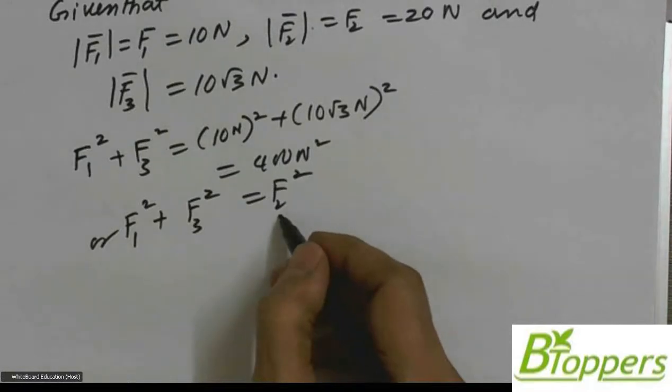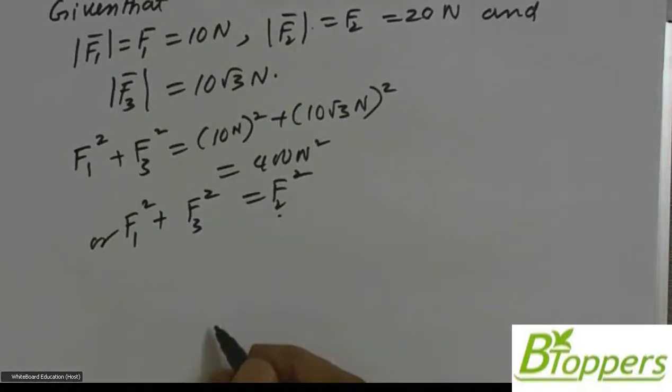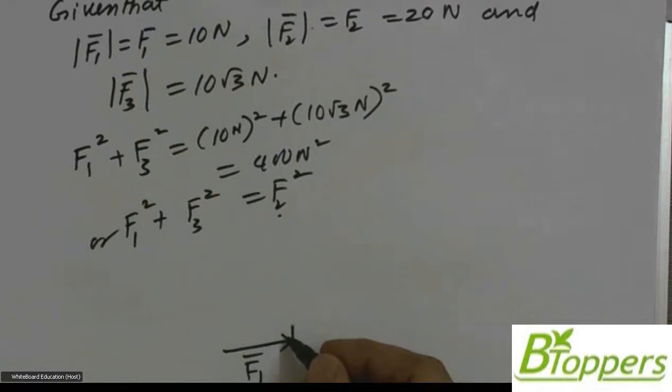The larger force acts along the hypotenuse of the triangle. So, we can draw the three forces in this way. F1 bar, the smaller forces are perpendicular to each other. Here F1 bar and F3 bar represent the smaller forces.